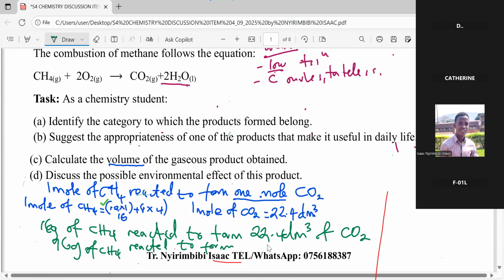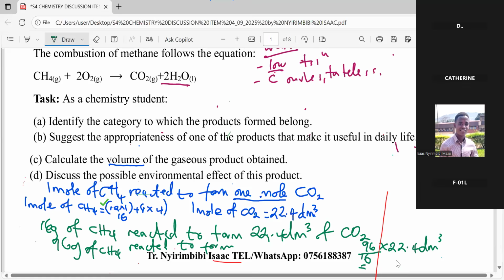It will be 22.4 out of 16, then times 96. The unit is decimeters cubed. 96 times 22.4, divided by 16.